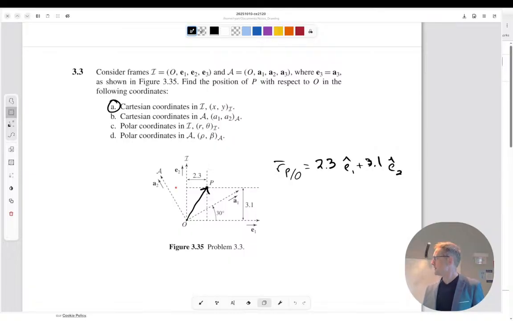So we figured out on Wednesday that if we go 2.3 meters along the E1 and 3.1 along that E2, we end up at point P. So today, the question is, how far did we have to travel? When we traveled in that same way, how far did we go along this A1?